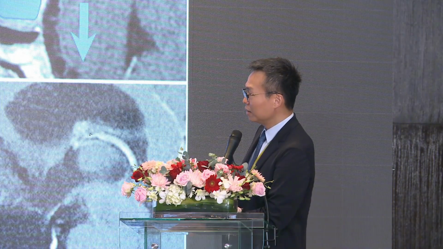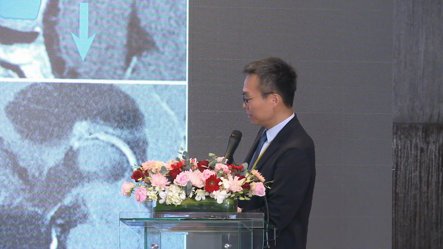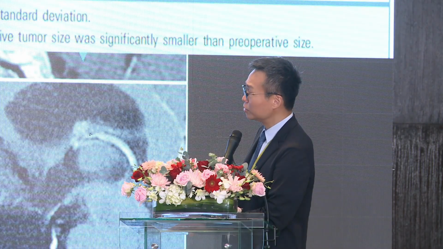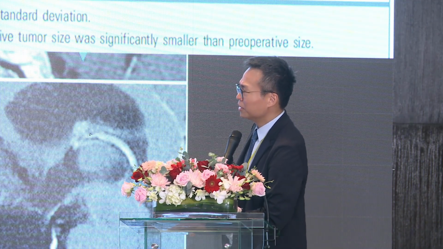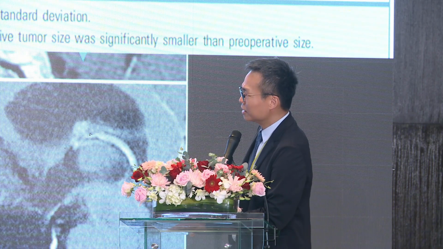This is another example case, pre-op. After surgery, the tumor is entirely removed. Average pre-op tumor size was 29.7 cc, and post-op is only 3.2 milliliters, with follow-up of more than 5 years.